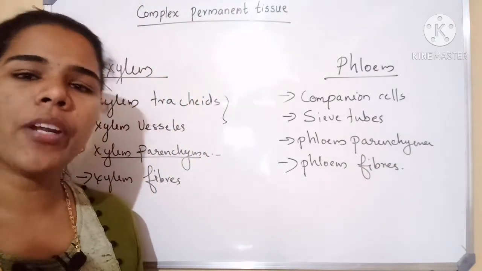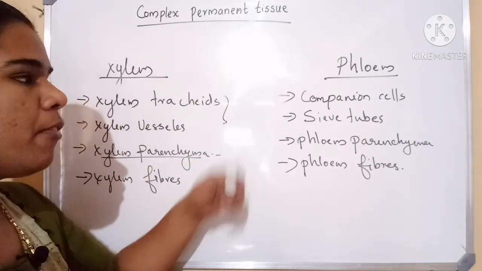These are the 4 elements which make up phloem.